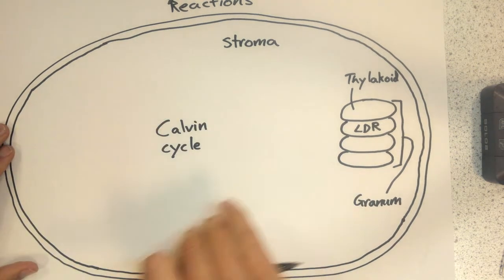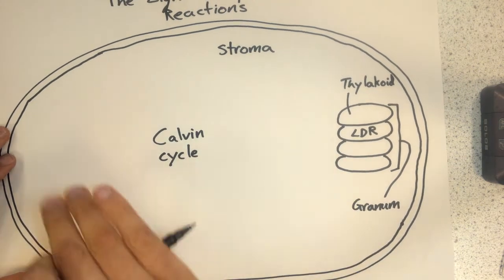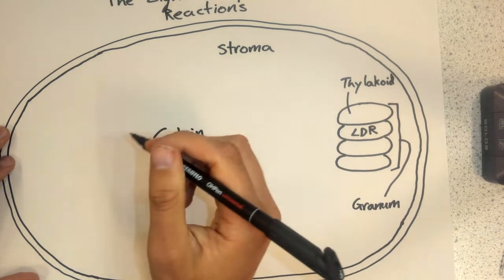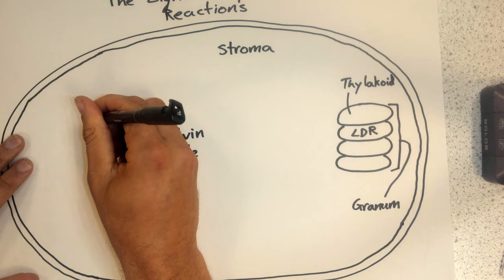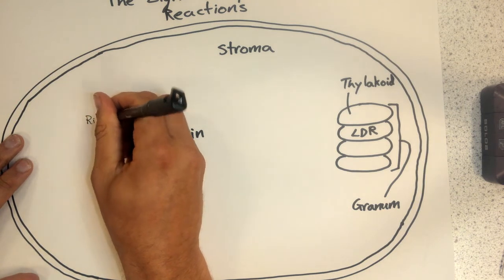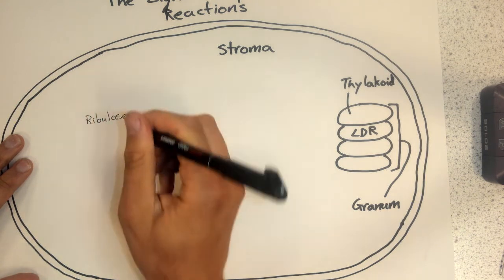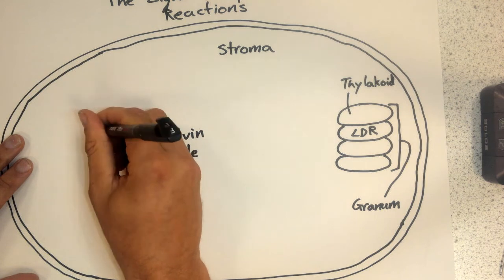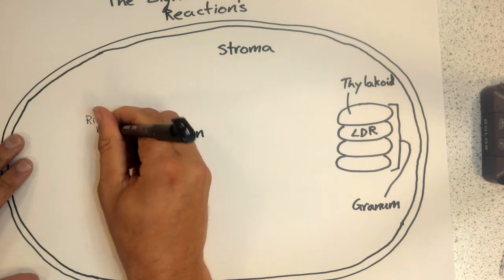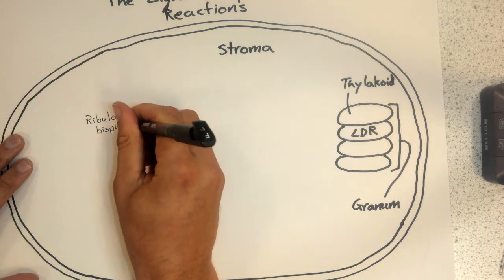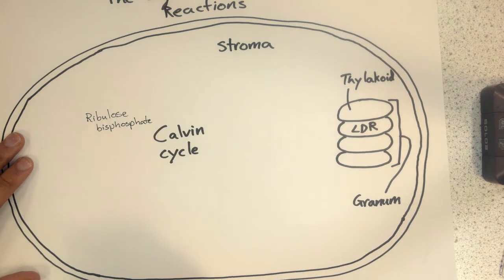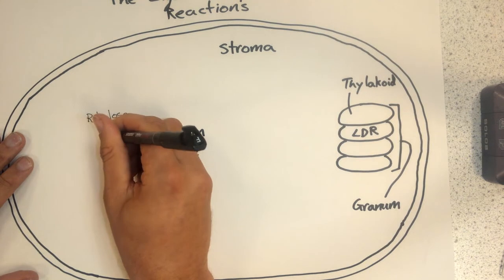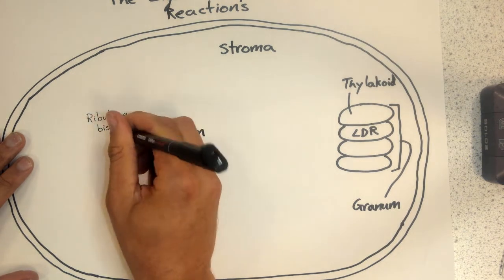Now, because it's a cycle of reactions, we could start anywhere. But I'm going to start with a reactant called ribulose bisphosphate. Ribulose bisphosphate is a 5-carbon molecule.